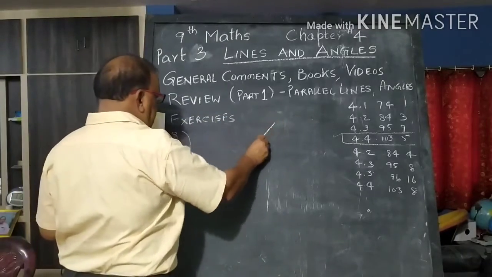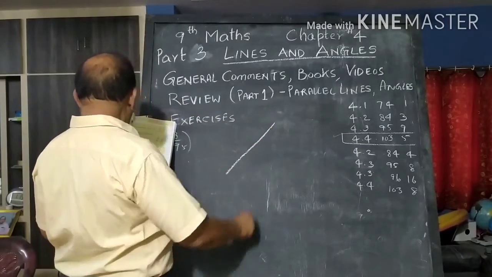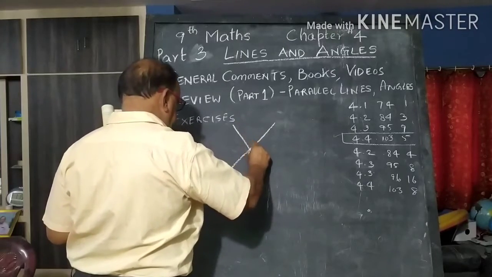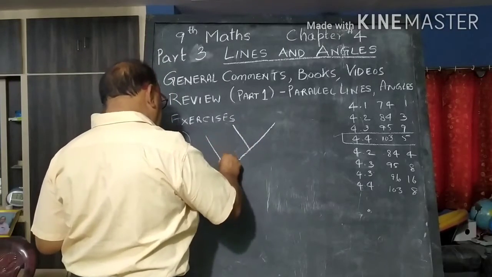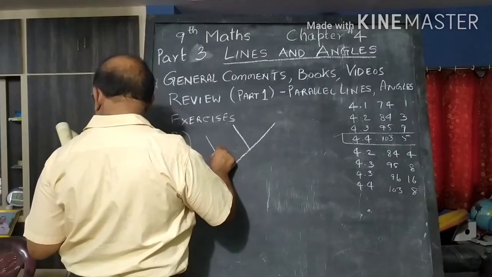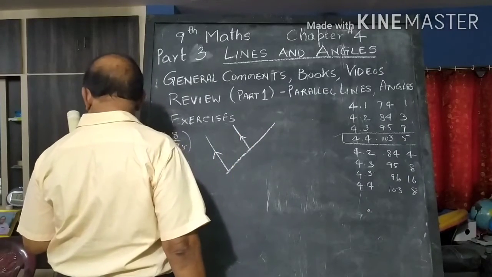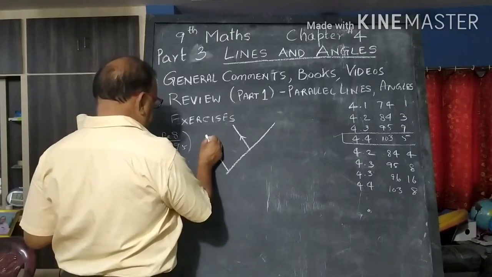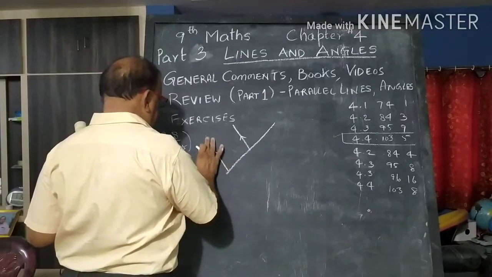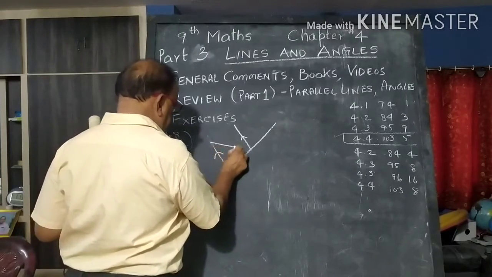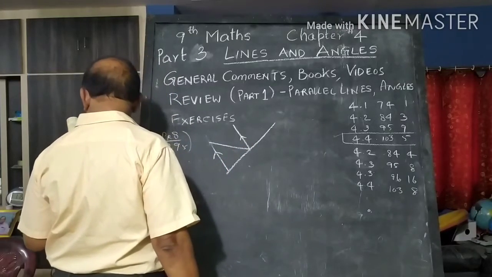There is a line like this. Okay, and there are two lines which are parallel. So you have the line, arrow and all like that. And there is a line spanning these two.